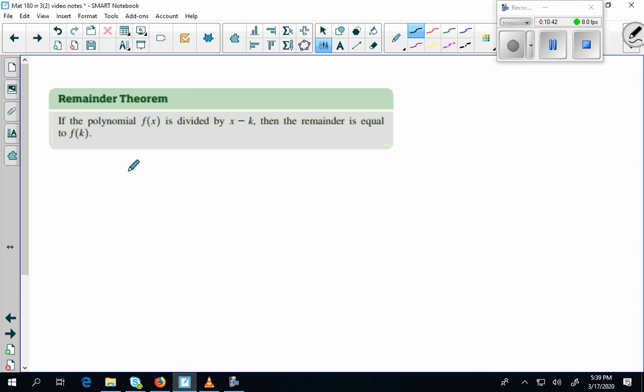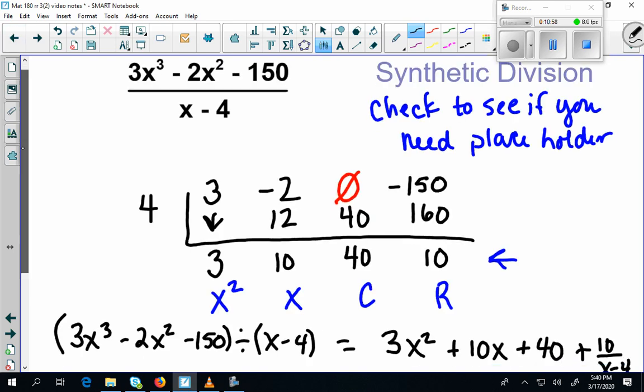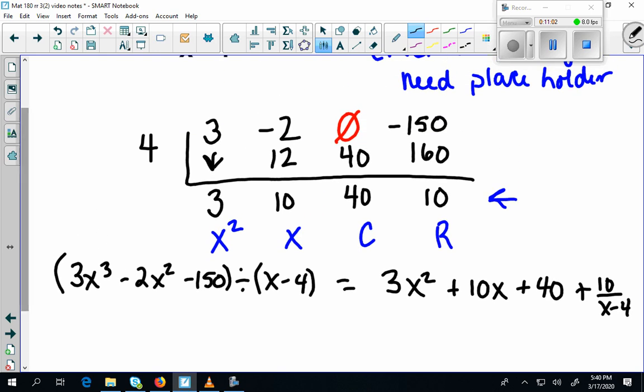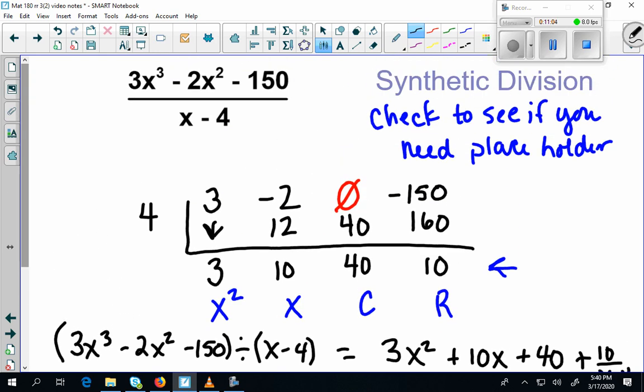The remainder theorem states that if you have a polynomial, it's a function of x, and it is being divided by x minus k, then the remainder is equal to the function of k. So with that in mind, if we're looking at this being divided by x minus 4, in that k position would be the number 4.